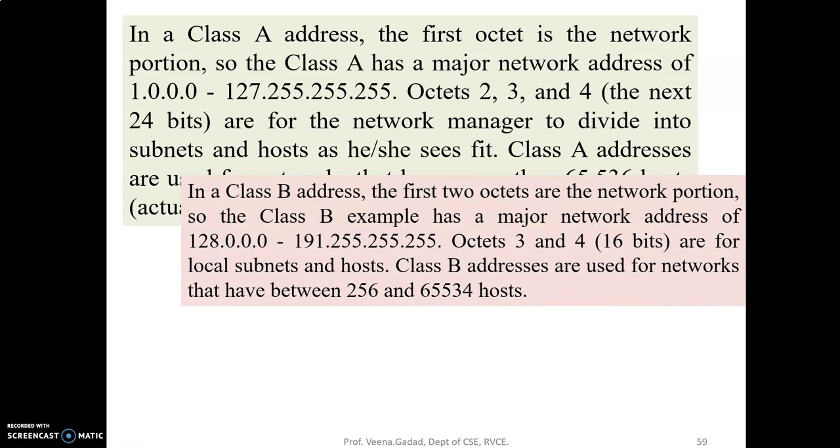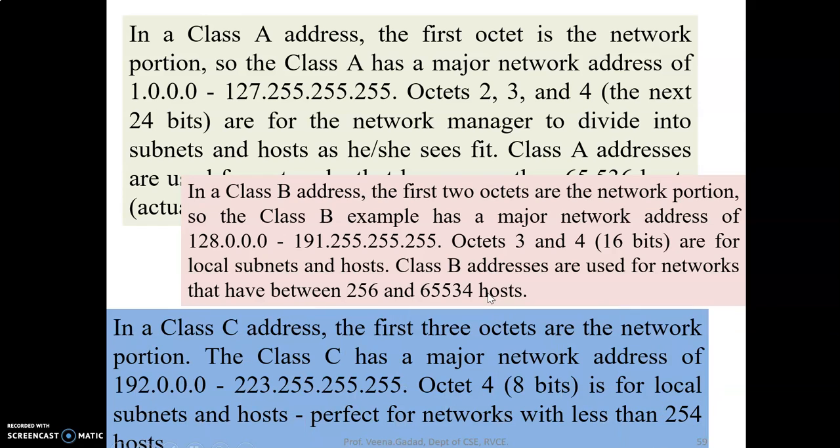Class B has the first 2 octets for the network portion, and is used for networks that have between 256 and 65,534 hosts. Similarly, class C has the address range from 192 to 223 and is perfect for an organization with less than 253 hosts.